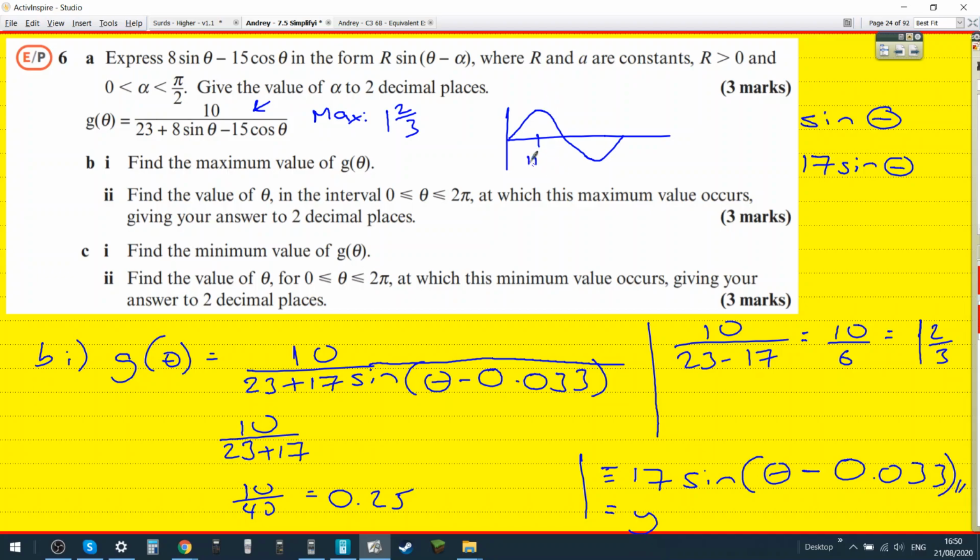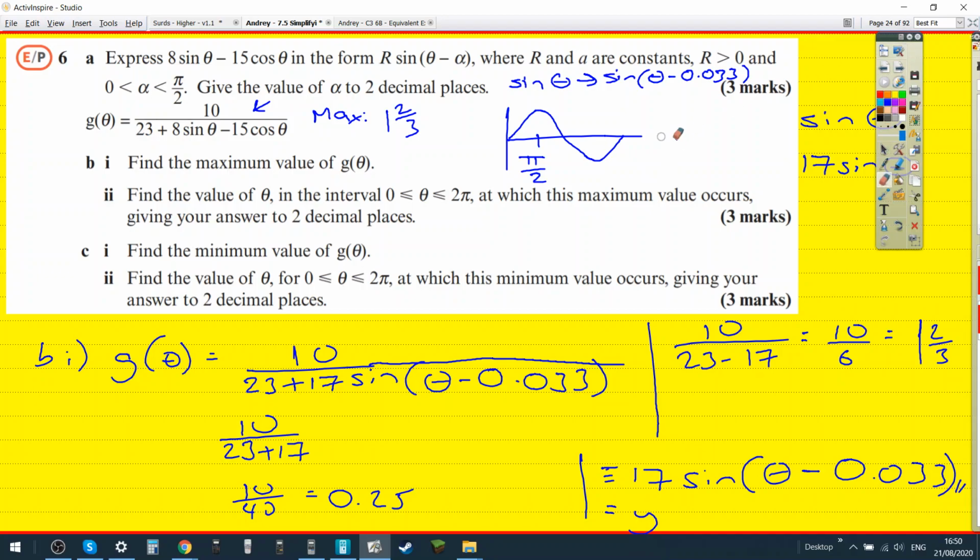Pi over 2. Okay, so that's for y equals sine theta. We have y equals sine of theta minus 0.033. What will that change? The x coordinate has to go up by 0.033. So it just goes 0.033 to the right.